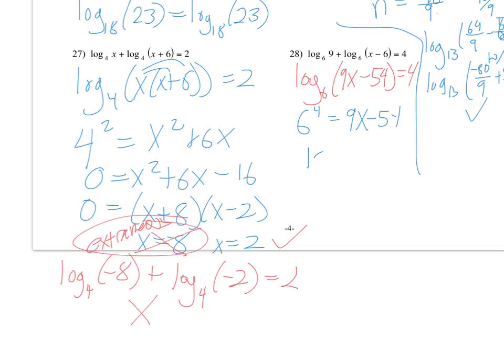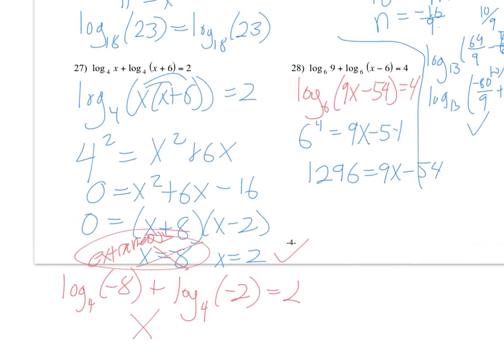So we get 1,296 equals 9x minus 54. Adding 54 to both sides, we end up getting 1,350 equals 9x. That happens to be divisible by 9. So 1350 divided by 9, x is equal to 150.